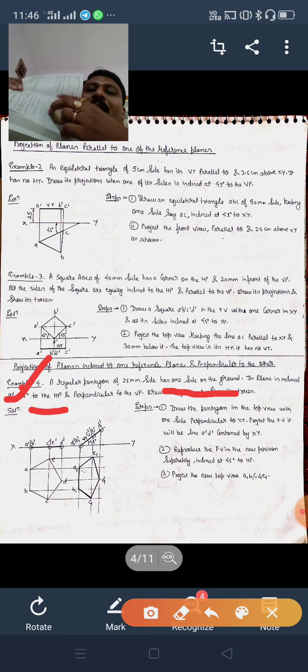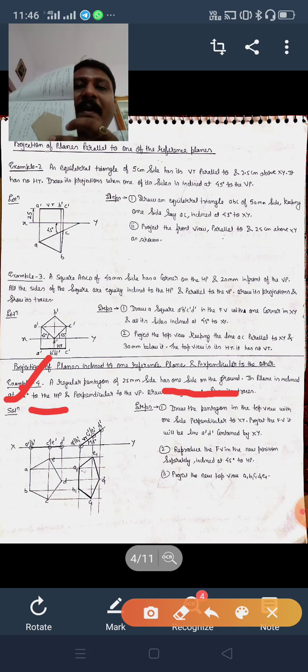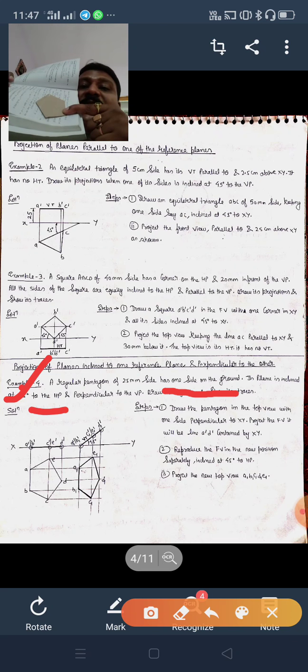So I have to keep my pentagon like this. Then this side is projected on the ground, the XY line. This is the main step we have to understand: how to keep the object and where to keep it. Since the inclination is above the XY line, we draw the object below the XY line, with one side in the HP.